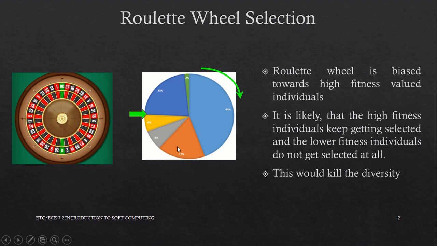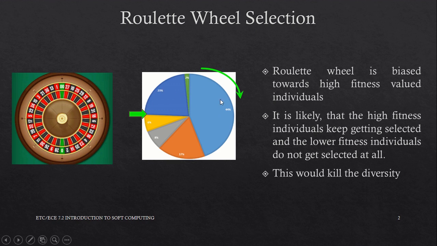The problem that this technique faces is that it is very likely that the high fitness individuals keep getting selected over a number of generations and become a majority of the population, while the lower fitness individuals do not get selected at all, thus killing the diversity in the population and possibly achieving a local peak of fitness instead of a globally optimum solution.